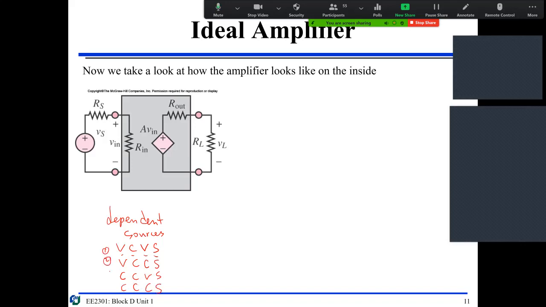So there are four different types. These are called dependent sources.